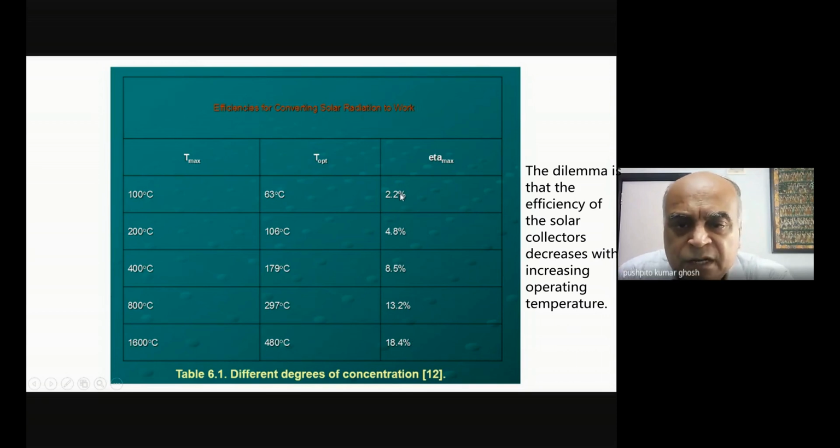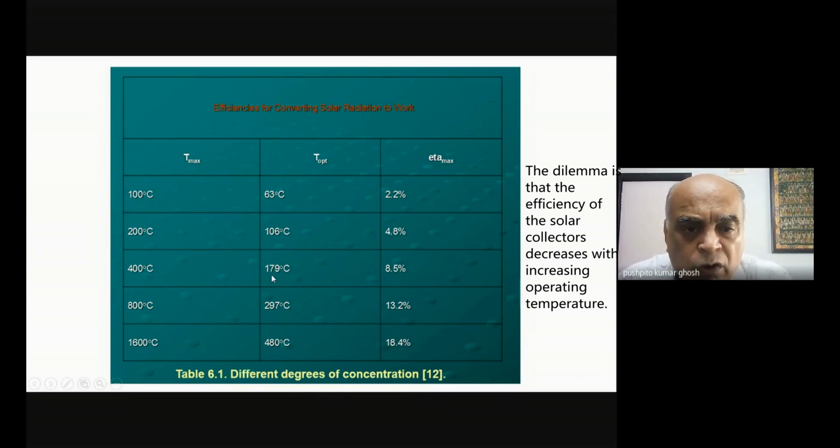So it would not make any sense, if I'm interested in solar thermal power, I ought to be looking at temperatures of this order, at least somewhere around 1000 degree peak temperature, so that I can reach a temperature of around 300, 350 degree centigrade as my operating temperature.